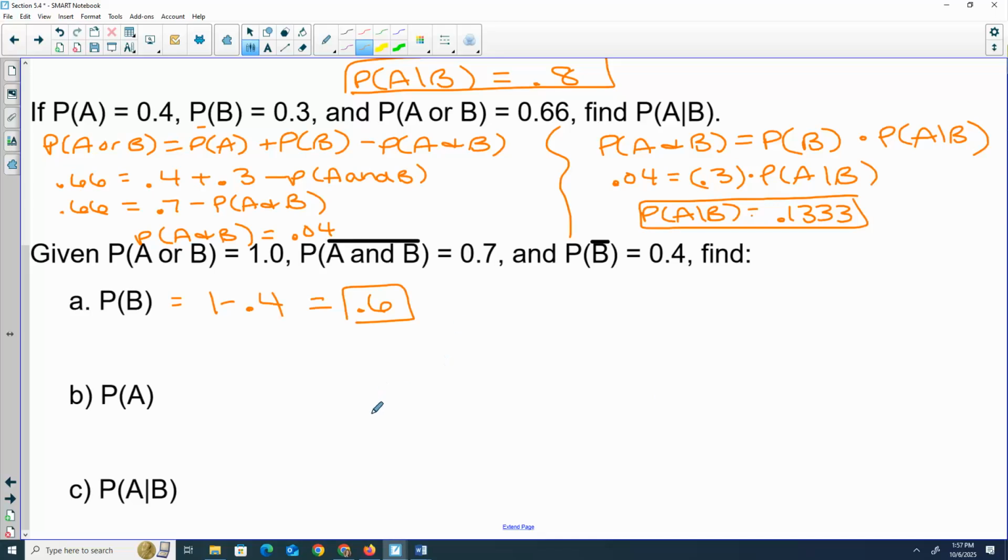So then, that means probability of A is 0.4? Not necessarily, because I don't know if they're independent or mutually exclusive. Probability of A or B is 1, so that'd be A plus B, 1 minus this 0.6 is 0.4. Okay.